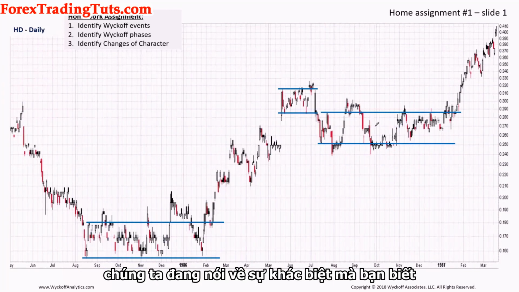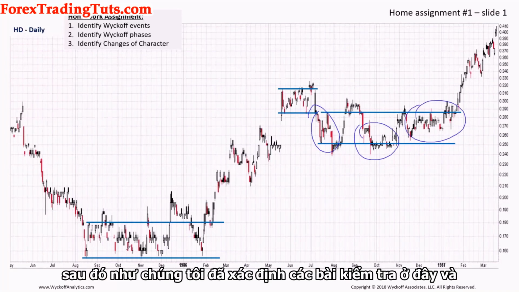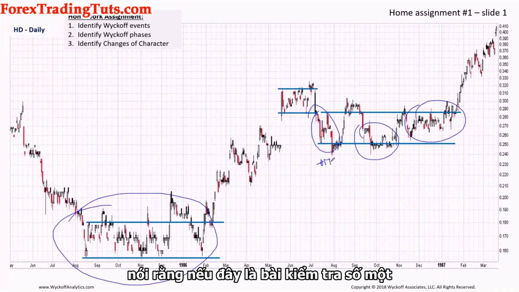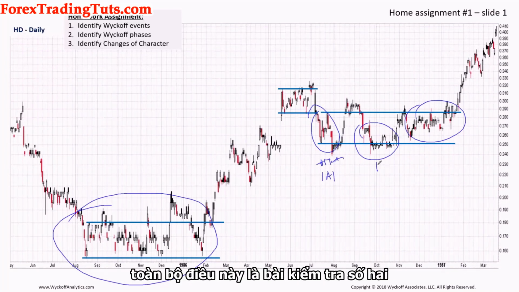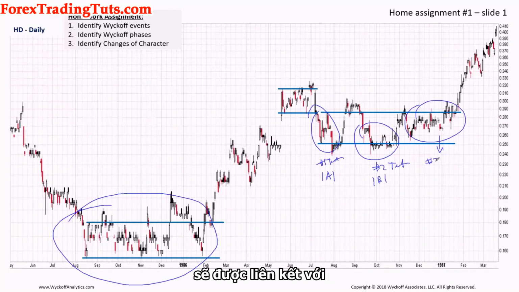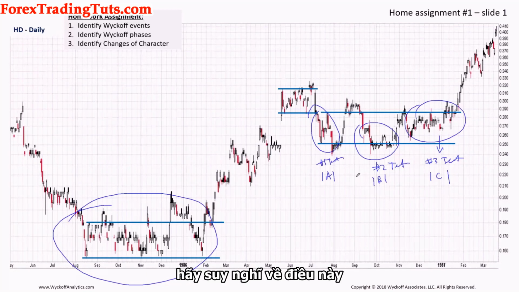Okay, so if we're talking about different textures and structures within the logic structure, then as we've identified tests here and identified the phases there, I could say that if this is test number 1, it is going to be associated with phase A. This whole thing is test number 2, associated with phase B. Then this is going to be associated with C. And that's how simple it is for us to think about this.